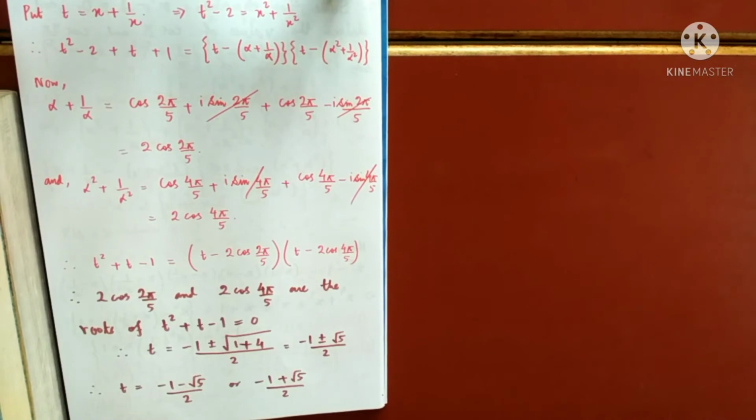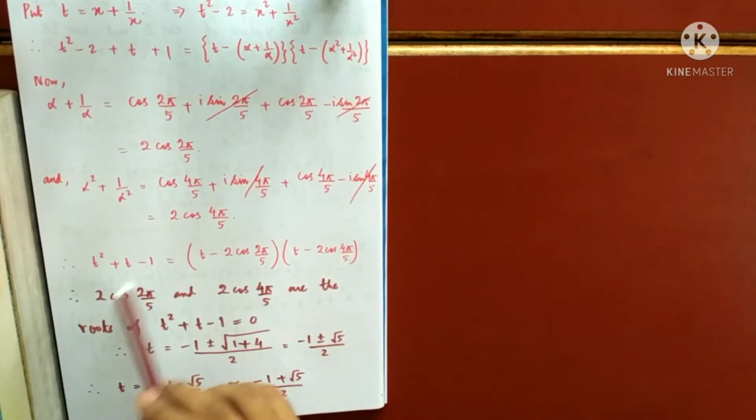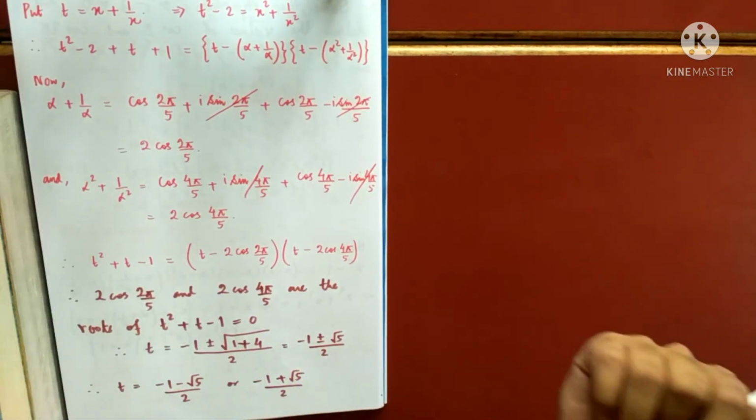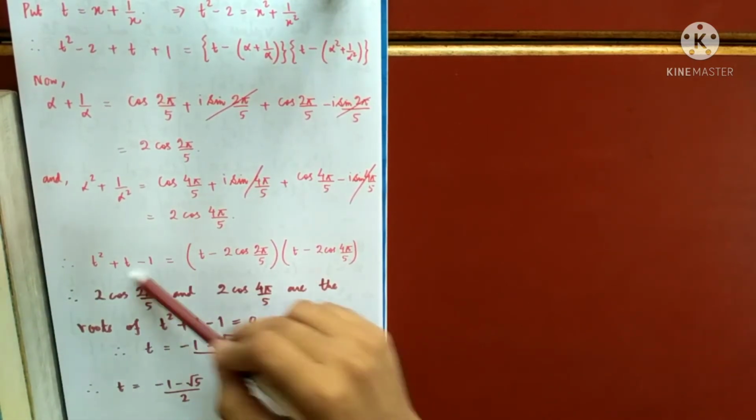Now we have a confusion. So one of them is the value of this, and one of them is this. I don't know, like this can be this, or this can be the remaining one. But how to decide which one is which? Who can tell me which is the value of this number and why?